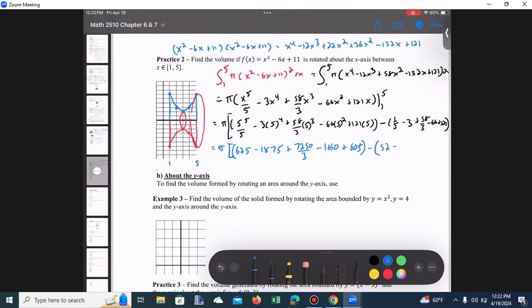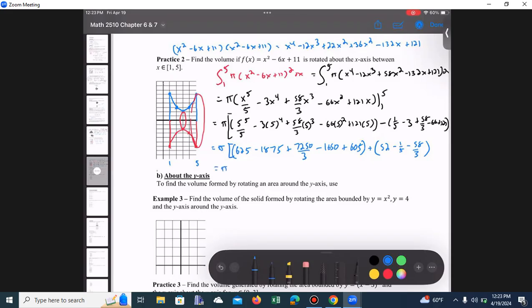And minus 1/5 minus 58 over 3. And always subtract the 1/5 at the end. I want to subtract the 58 though, so I can make that go with the 7250 over 3.